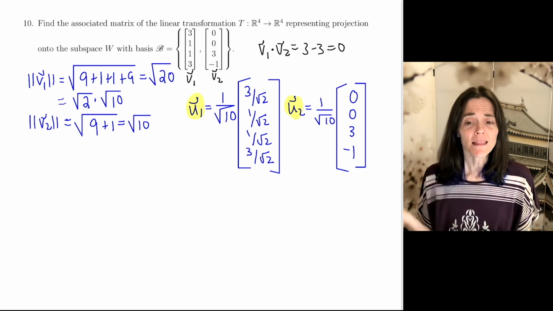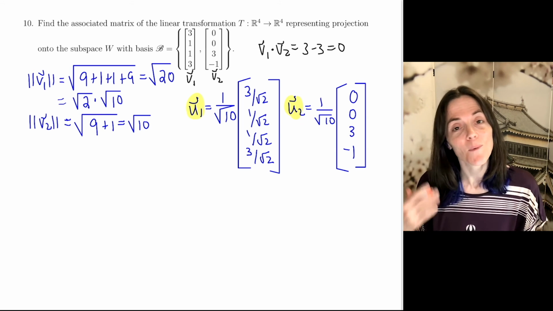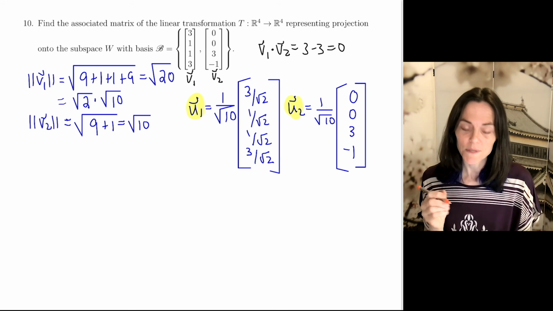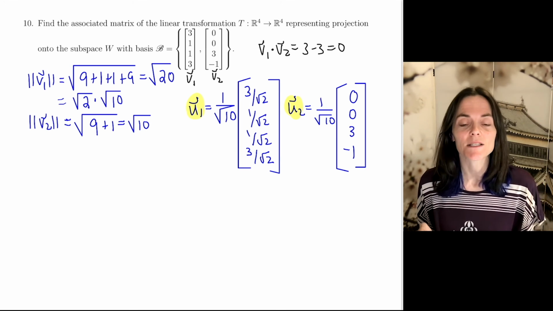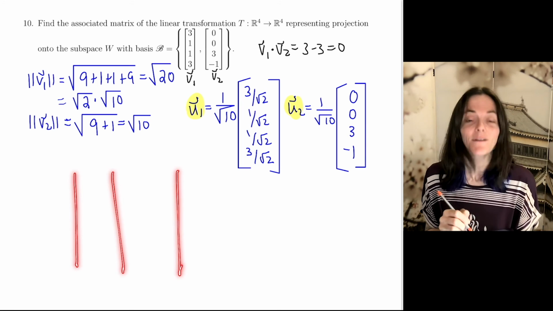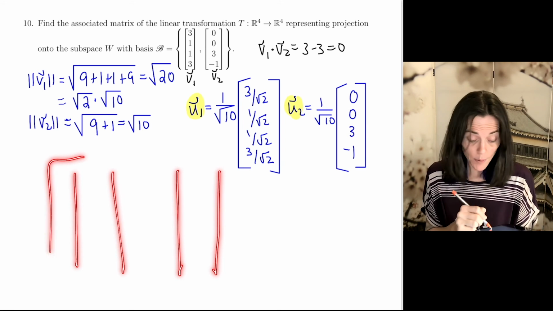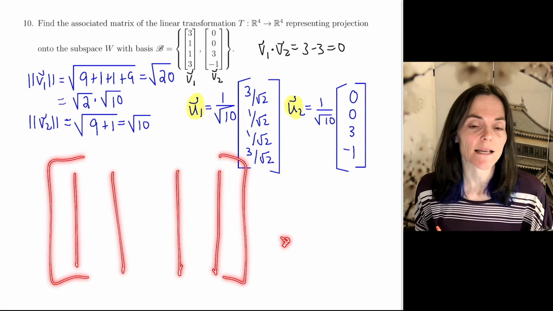Now, how am I going to go about finding the matrix of projection? We really have more than one option here. One option, and this would be in the spirit of, say, chapter 2, earlier in the semester, you can project E1, project E2, project E3, project E4, and put those as columns in a matrix. This is the matrix of the transformation.